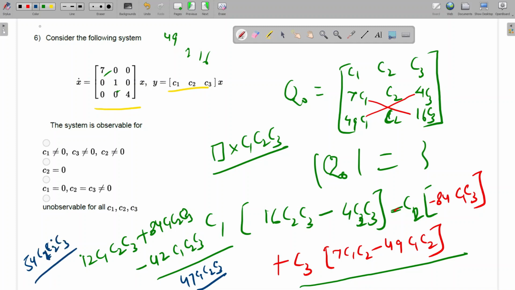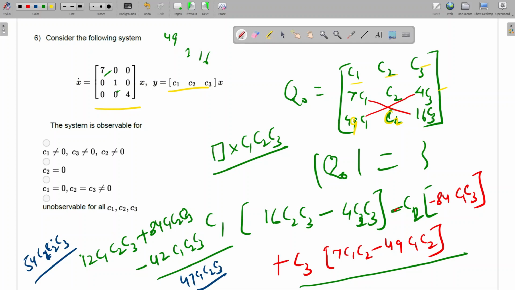Let's see it once. So C1 C2 C3 correct. 7 C1 C2 and 4 C3. 49 C1 C2 and 16 C3. First I have taken C1 common, so 16 C2 C3 minus 4 C2 C3, correct.